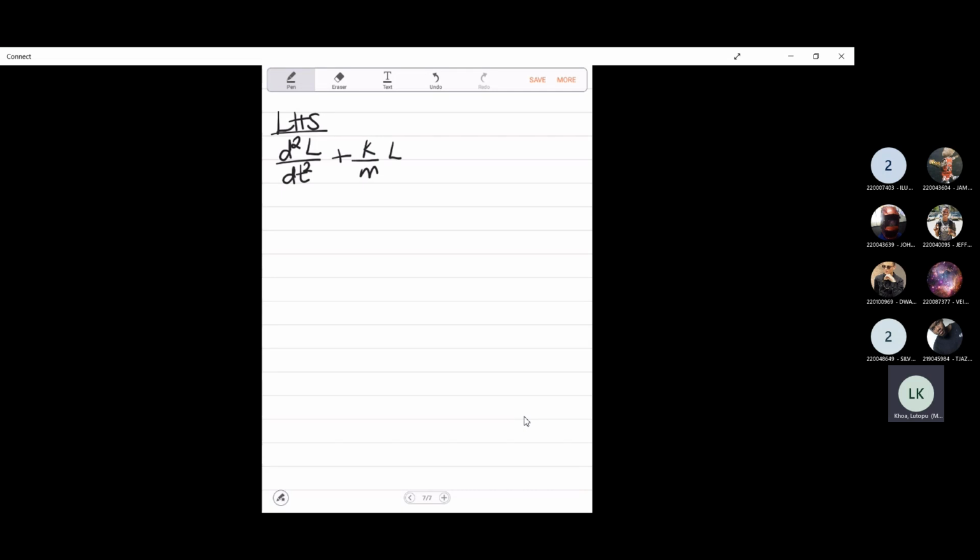So we start with dL/dt. Remember, L is cos of the square root of k over m times t.